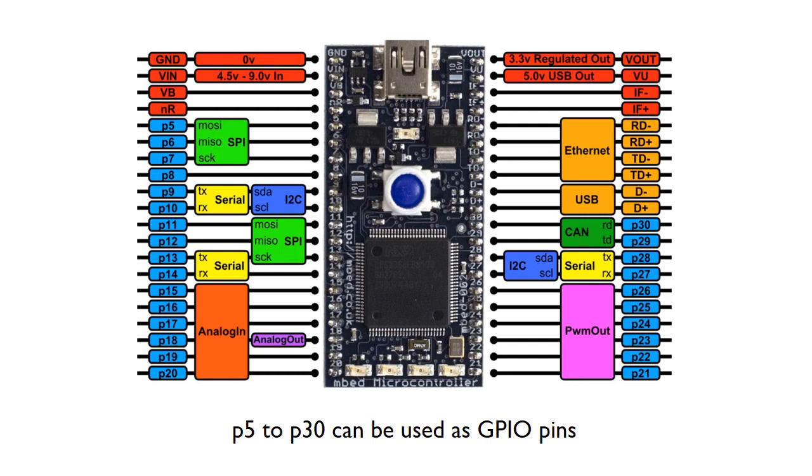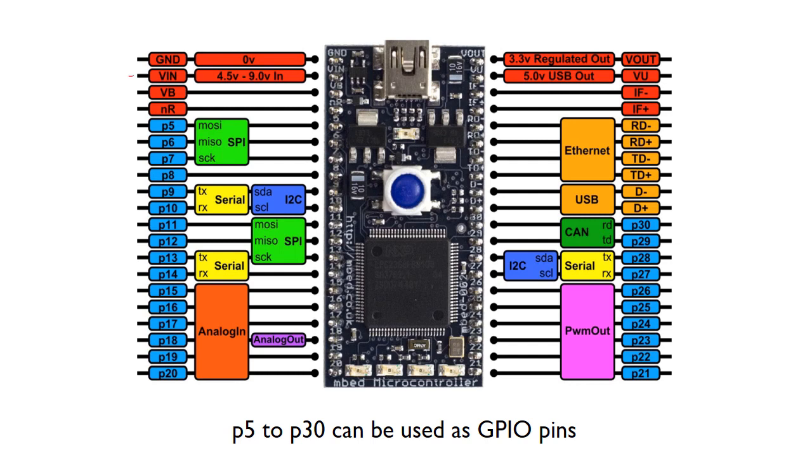This is showing the pin mapping. At the top left we've got our power, so we've got ground and VIN. For VIN you can apply a voltage in the range 4.5 to 9 volts. VB is for battery, and there's also some kind of reset type pin. We don't really use it. On the top right we've got the 3.3 volt regulated output voltage.